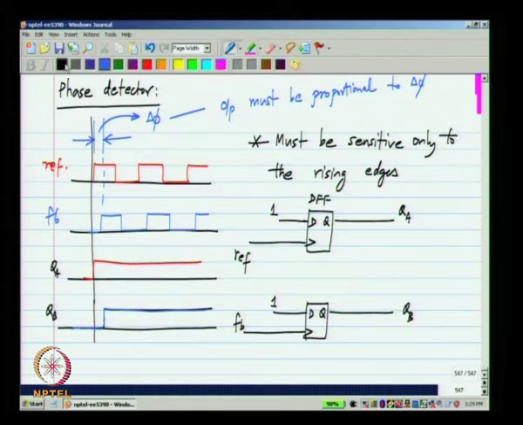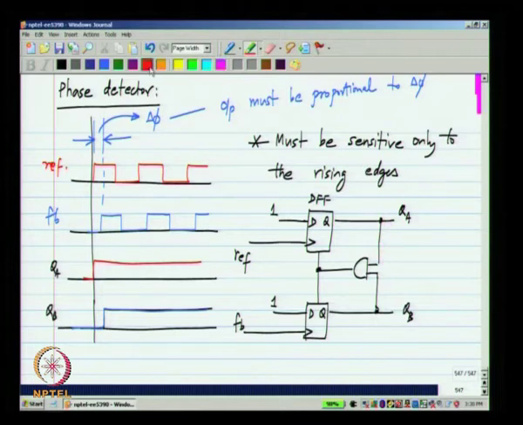And again a convenient choice is to reset the D flip flops when both of them become high. And this is a kind of an obvious choice. When QA becomes high, you have information about the rising edge of QA, and after QB becomes high there is no further measurement that can be done. So, you already have a measure of the difference between QA and QB and you can reset the flip flops. And that is what is done here.